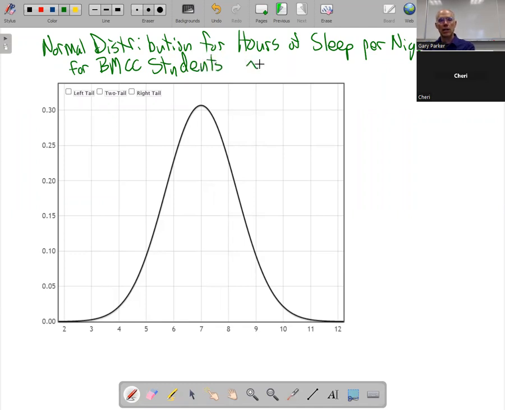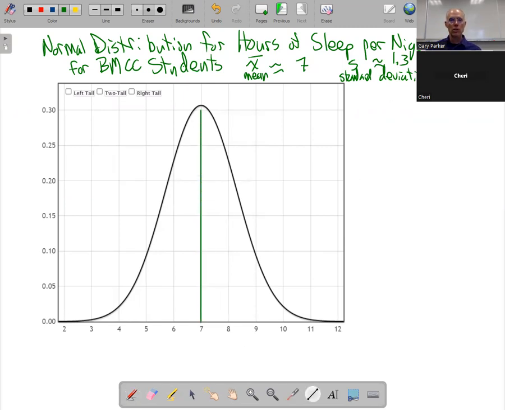And in my estimates, I'm saying my mean is about 7 hours per night, and the standard deviation I'm saying is about 1.3. So then the center of my distribution should be 7, and we can see the scale lines up.